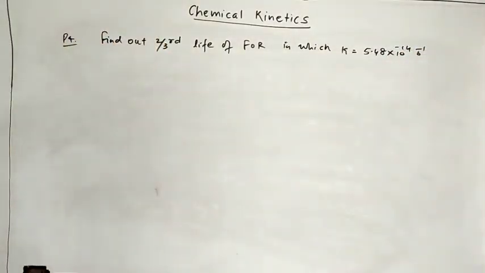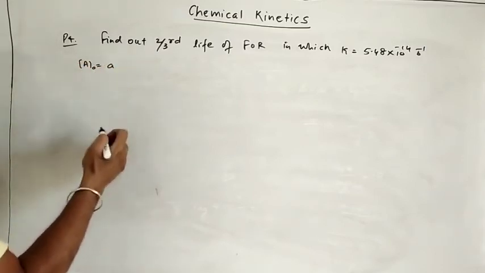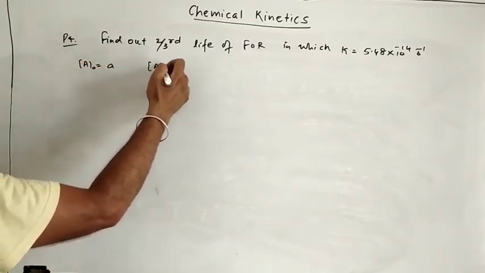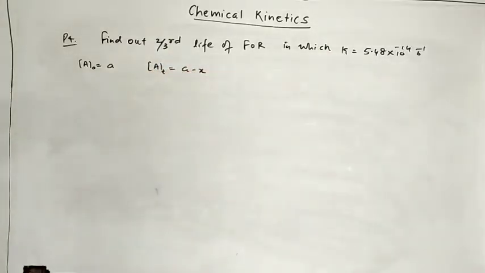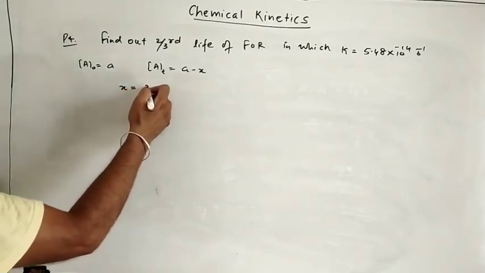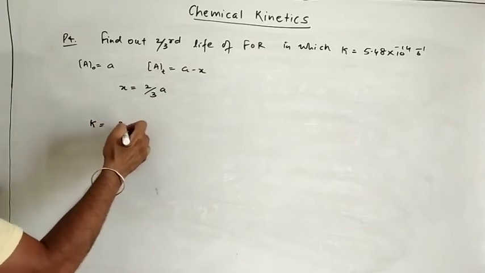So we have to calculate the time for 2/3 of the reaction. Initial concentration is A, and concentration at time t is A minus x. What is x? X is 2 by 3 A.